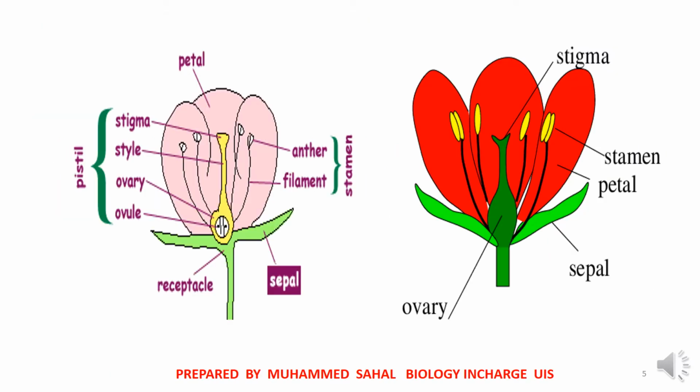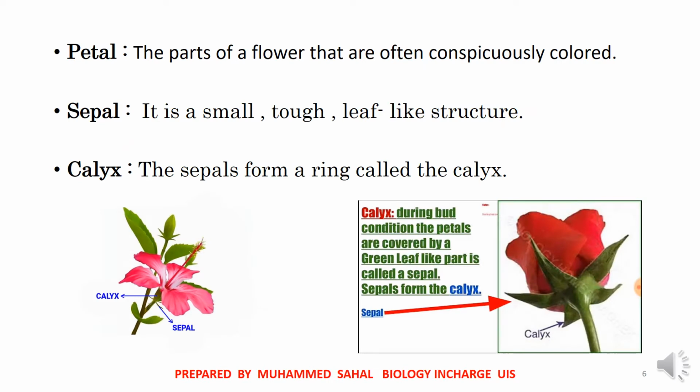Look at this diagram. Stigma, stamen, petal, sepal. Now we are going to check what petal and sepal are. Petals are the parts of a flower that are often colored. Sepal is a small, tough, leaf-like structure.